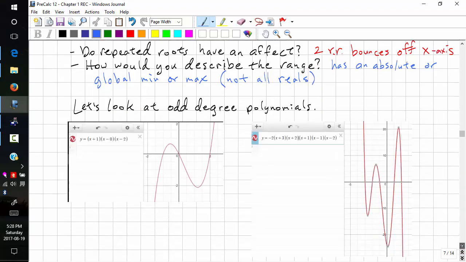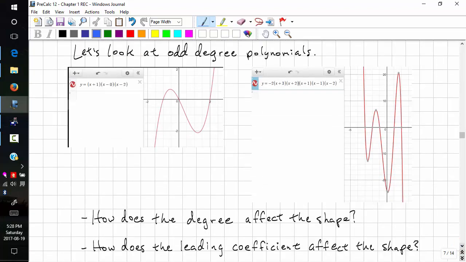Let's take a look at odd degree polynomials. Okay, so roughly this is y equals x cubed. And again, we can look at our constant term. So 1 times 0 times negative 2 is 0. Very generally, we have negative 2 as our coefficient, so that's x to the power of 5.